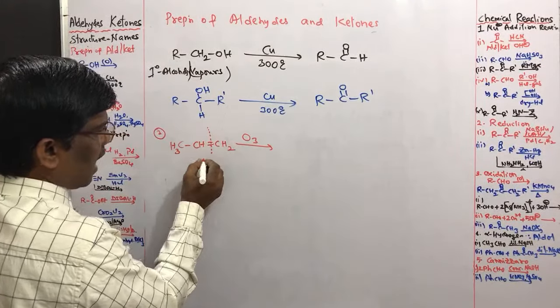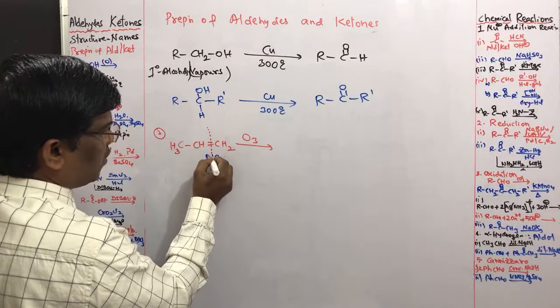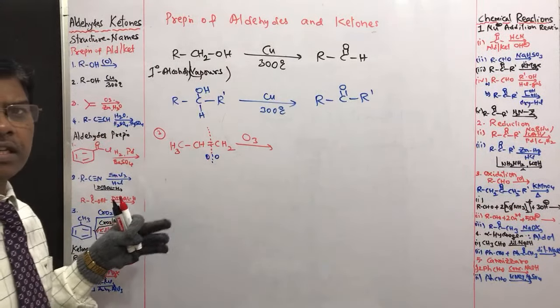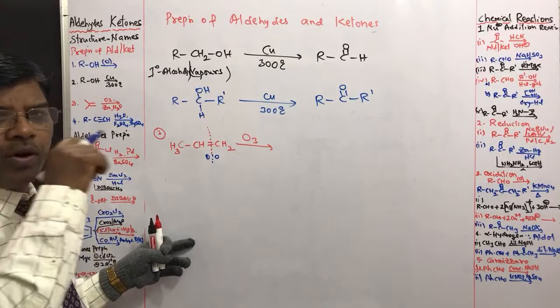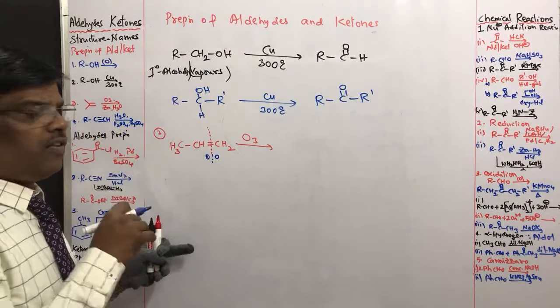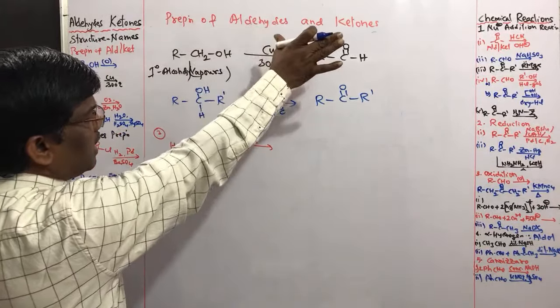The simple way is to add oxygen to this side. I made a separate video on this ozonolysis. If you want a detailed mechanism with a lot of examples, please go through that video. I am going to give the link below. Yes, so for our understanding, it is for the preparation of aldehydes and ketones.